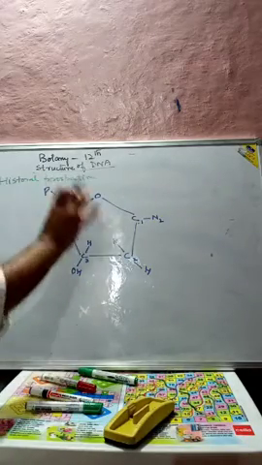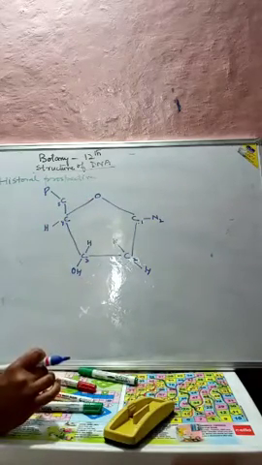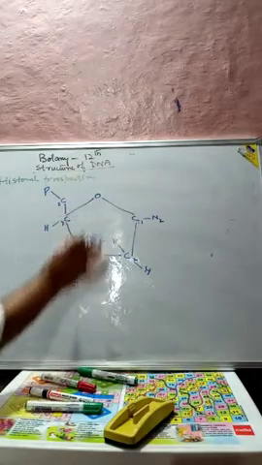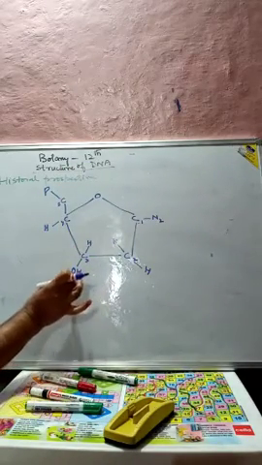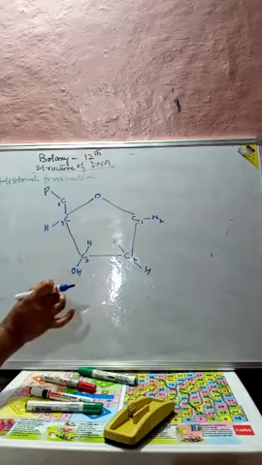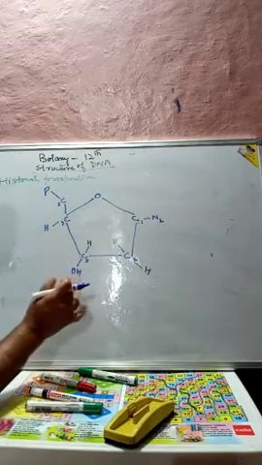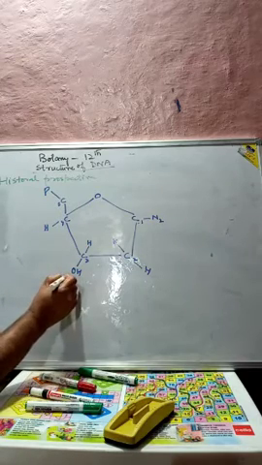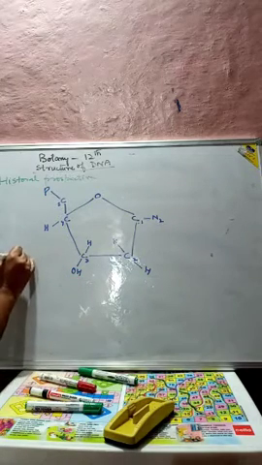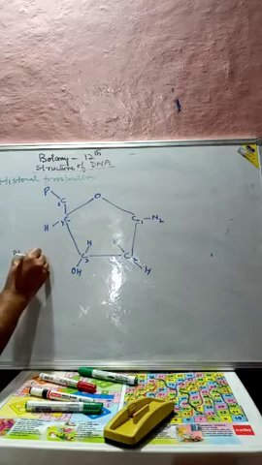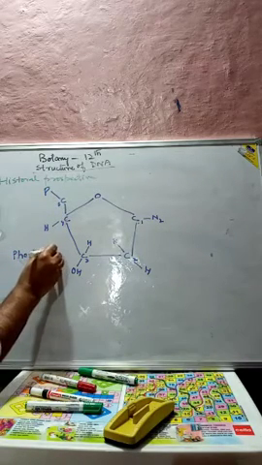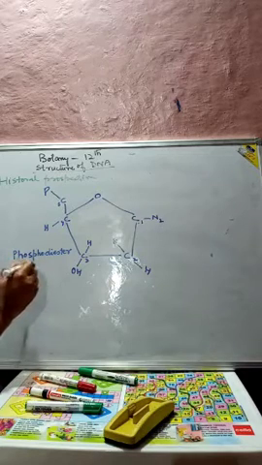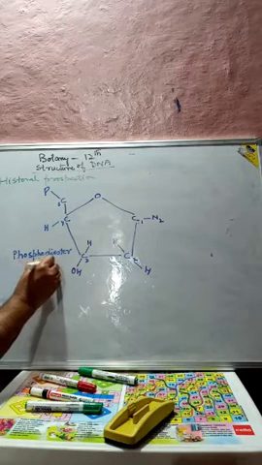Now, when it forms the chain of these nucleotides, the next nucleotide will form a bond, and that bond is called the phosphodiester bond.